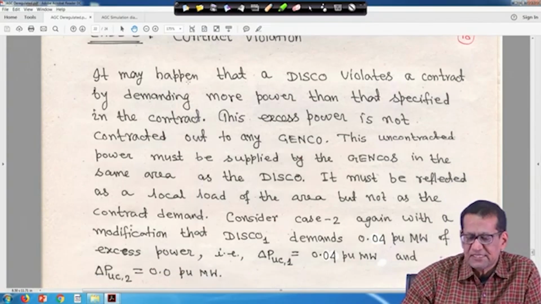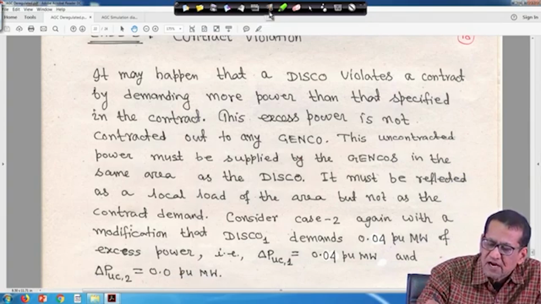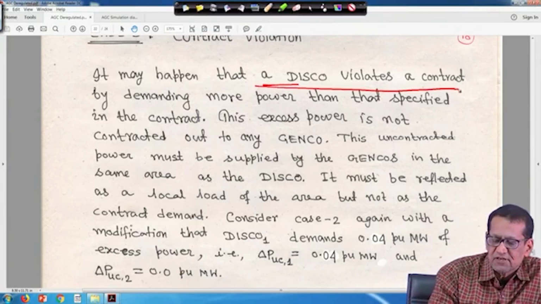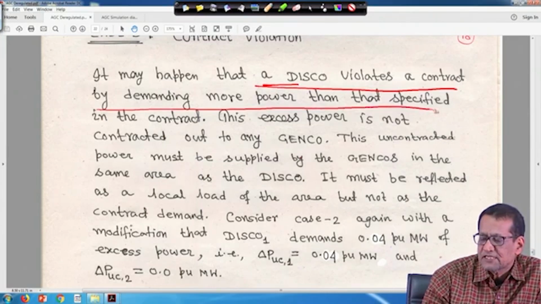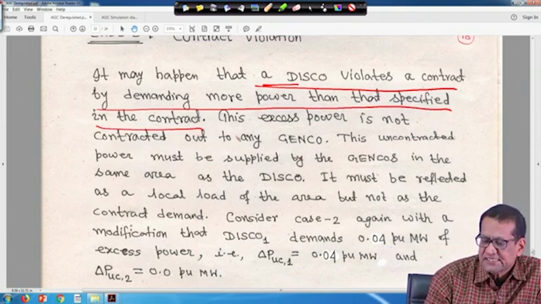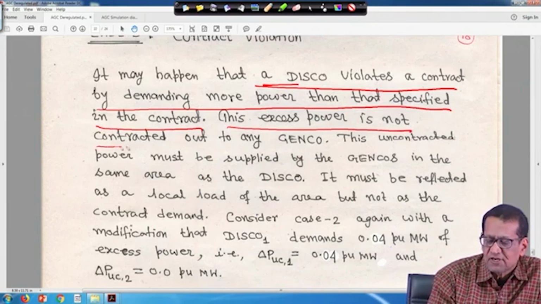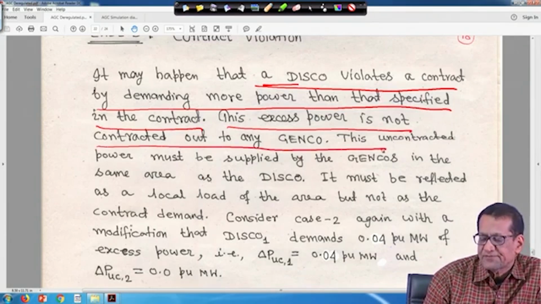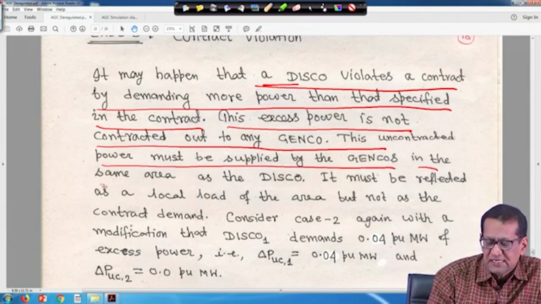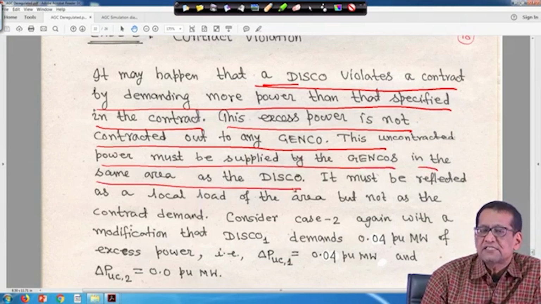So, it may happen that a DISCO violates a contract by demanding more power than that specified in the contract, right. This excess power is not contracted out of any GENCO. This uncontracted power must be supplied by the GENCOs in the same area as the DISCOs, right.